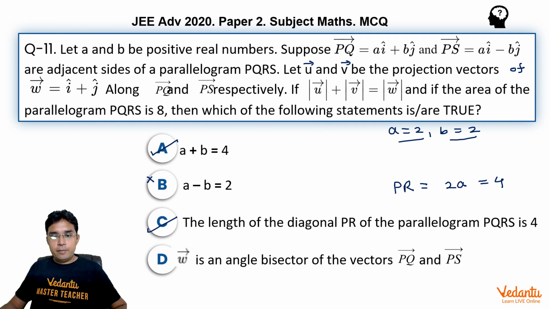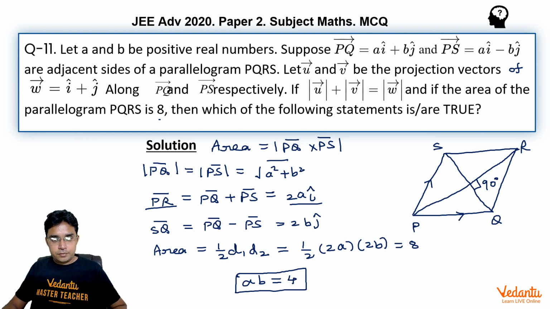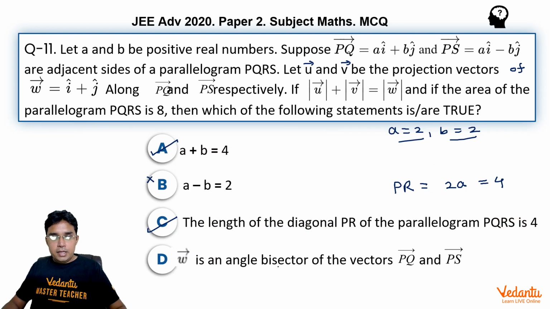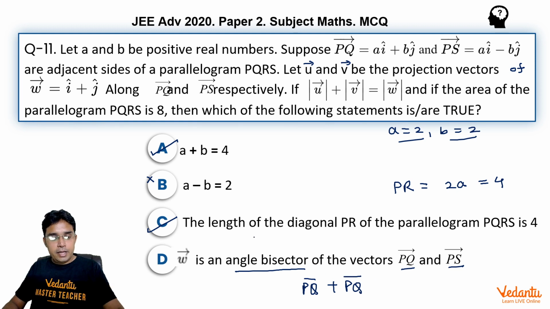Now, angle bisector of vector PQ and PS. Because PQ and PS are of same length, their angle bisector vector will actually be given by their sum, isn't it? So here, let me write it here only. This angle bisector vector of PQ and PS should be given by PQ vector plus PS vector, because they are of same length.